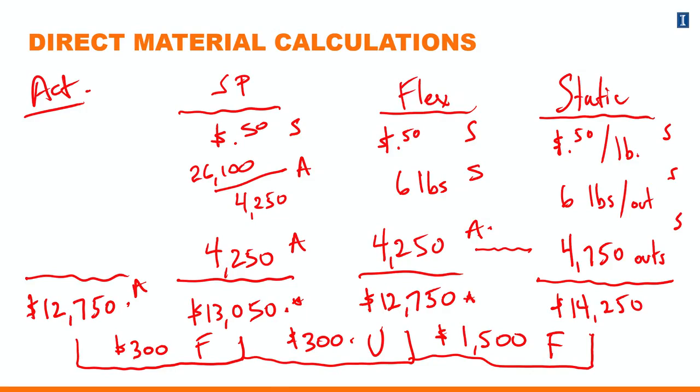Now, two points to make here. Recall in Lesson 1 that we talked about the fact that favorable doesn't always mean good, and unfavorable doesn't always mean bad. And the activity variance that we calculated initially is a perfect example of that. While our costs were less, and therefore all else equal, our net income would be higher in the more actual world, this variance doesn't necessarily signal a good situation.